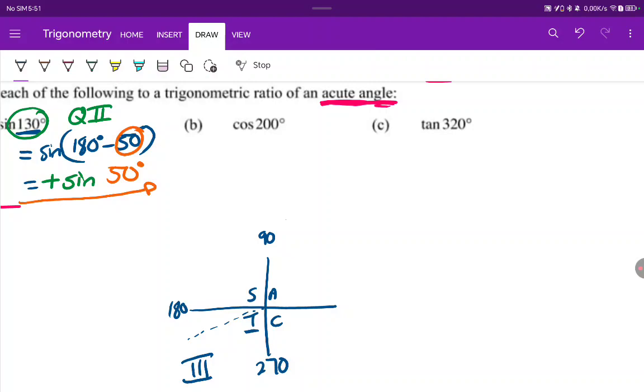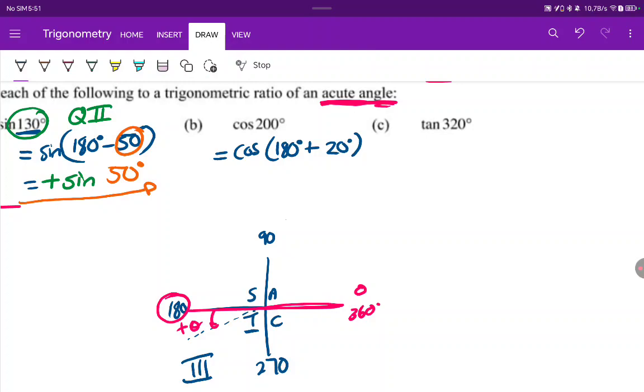This can be done two ways, but in this diagram we're just going to work on the x-axis. So we're going to use the 0, 360 and our 180. Using the x-axis only, we are now going to go this way, which is going to be plus theta. Cos of 200 is equal to cos of 180 degrees plus 20, which makes 200.